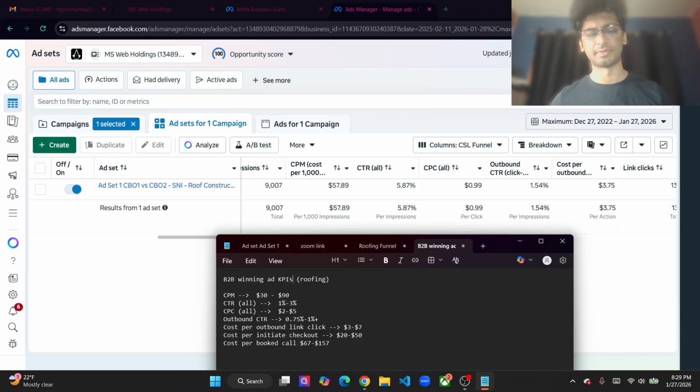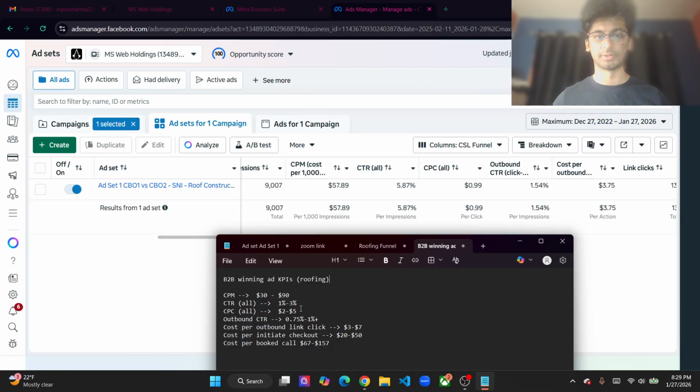So KPI stands for key performance indicators. Basically, what stats do you need to determine whether an ad is a winning ad? What metrics do you have that tells you whether an ad is a winning ad? So this is B2B. B2C is a little bit cheaper because there's way more customers out there, way more regular people out there than business owners. But let's just get back into this.